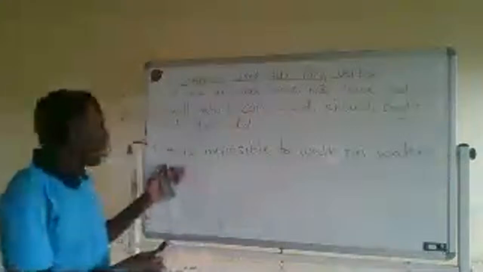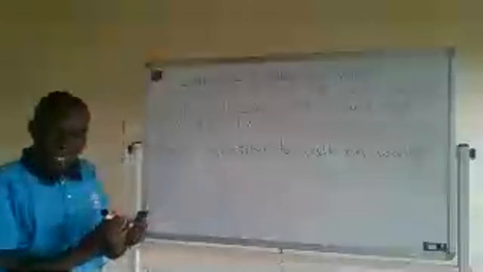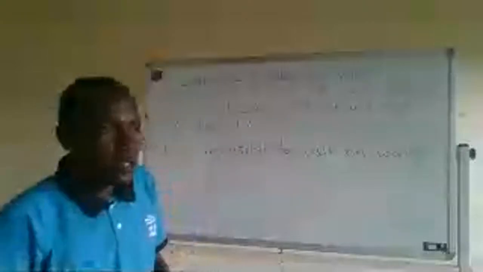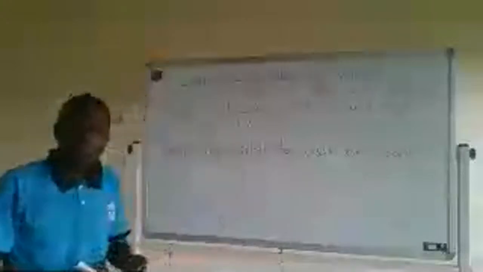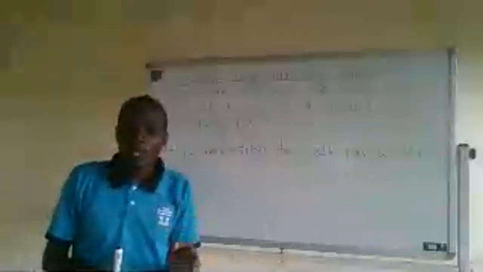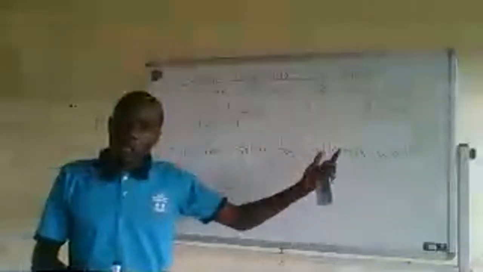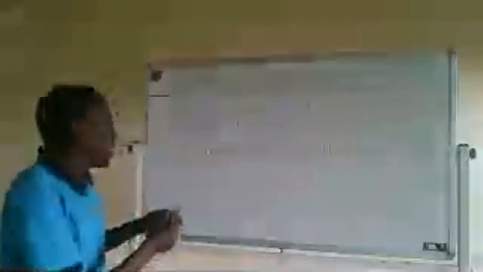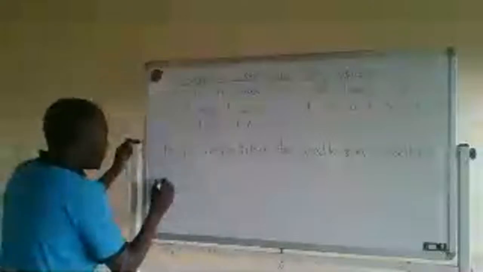Now, when we look at this statement, it is having some sort of positive, it's having some sort of negative, so it becomes very hard for you to make a proper decision. So what you do, as I told you, is turn that statement into negative, that's when you can be in position to identify whether it is positive or negative. Look at this one. It is impossible. When you turn it into negative, it becomes it is possible.